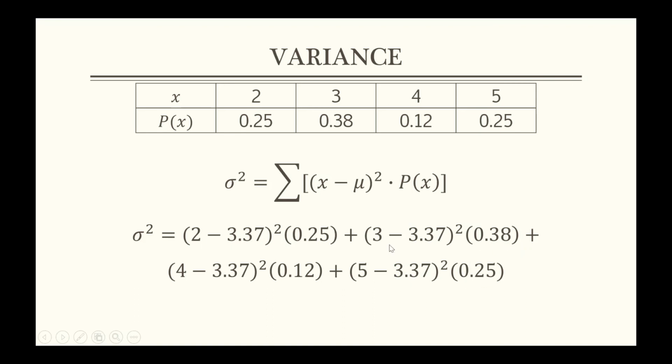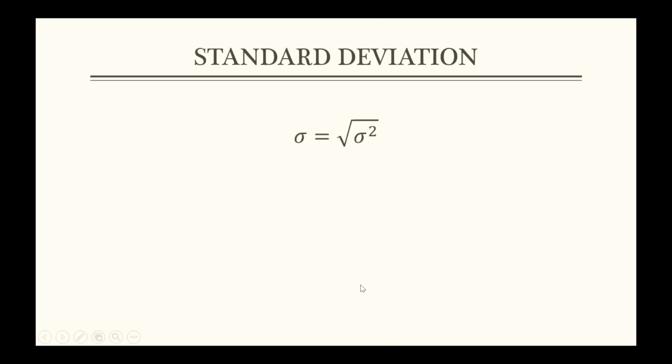Kung hindi na kaya ng calculator, just input first the first two terms and then equal sign plus the last two terms. The value of sigma squared or the variance is approximately 1.23 or exactly 1.2331. For the standard deviation, just get the square root value of the variance, that is 1.11.